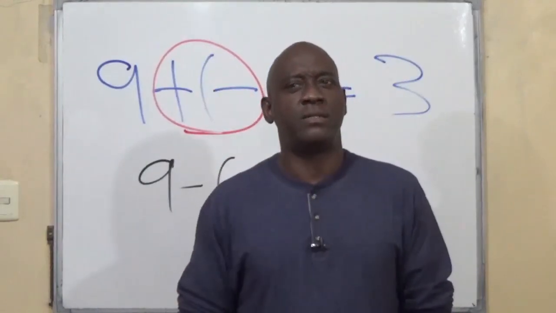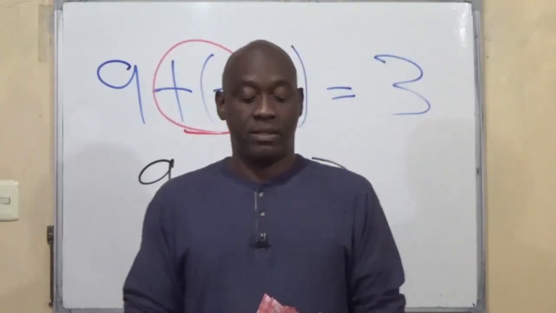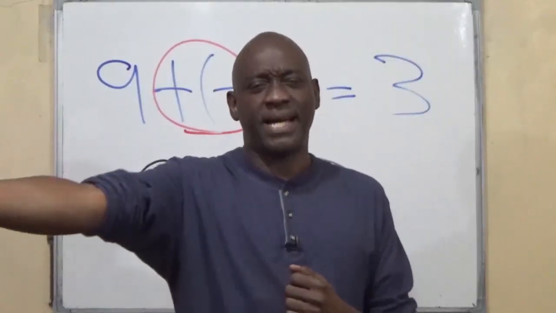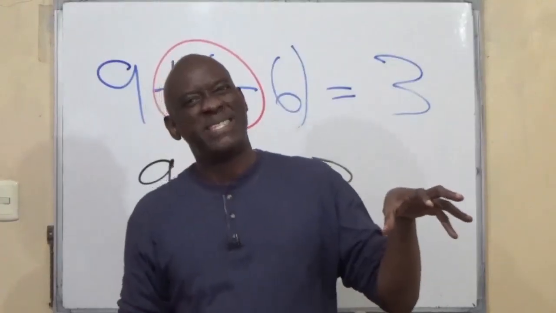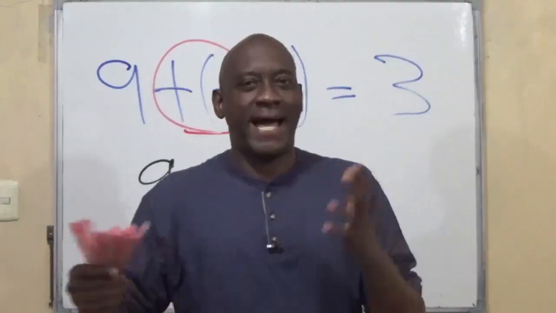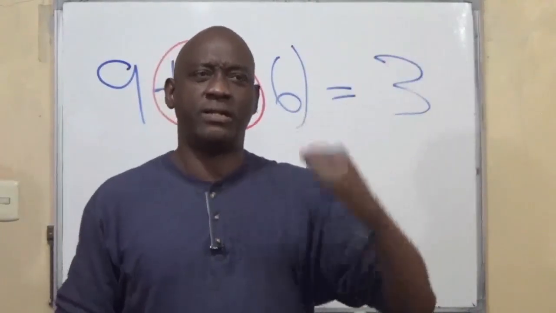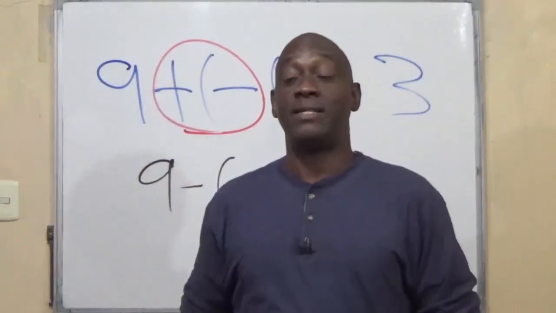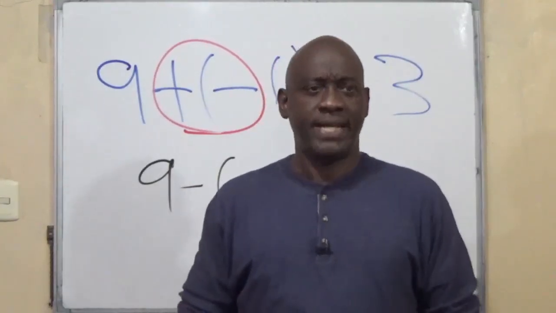You borrow $9, which means that effectively you have a deficit of $3. Why? Because you had to pay back this $6. That $6 gone. And after you pay back this $6, you still have $3 missing. You still have $3 that you had to find to add to the $6 that you just paid back. So you're short of $3 even after you pay back. Right? So that's the idea.